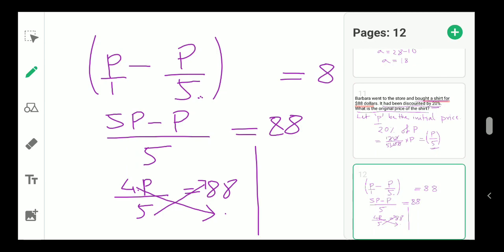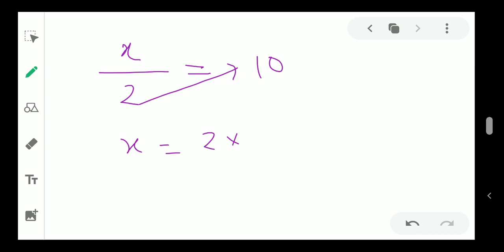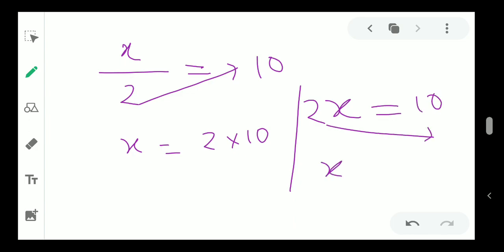You remember I have already told you that whenever something like x by 2 is there, let's say this is equal to 10, whenever this 2 goes this side, 2 will be multiplying up, that is 2 into 10. Also, if something is multiplied and then it goes that side, it will be in the denominator, that is, this will become division now.